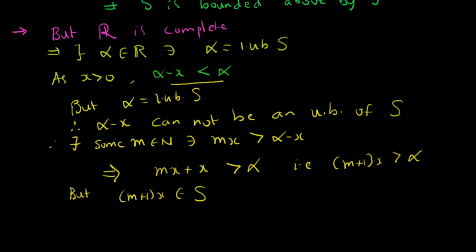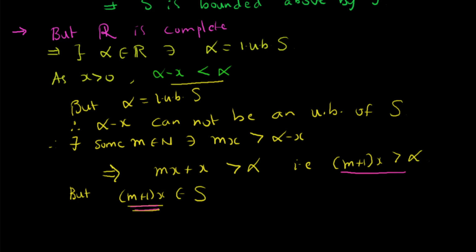So (m plus 1) times x is an element of the set S. So what we have proved is there is some element in S, and that element (m plus 1) times x is greater than alpha.